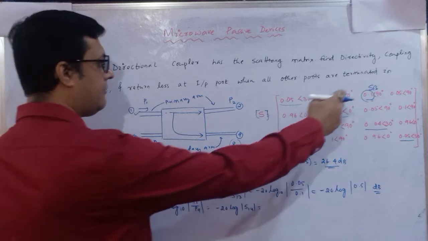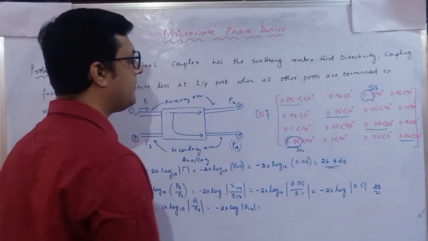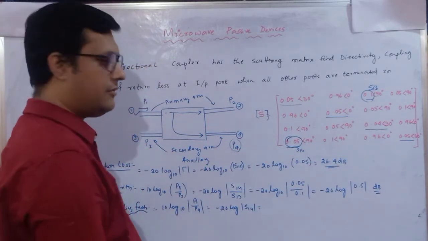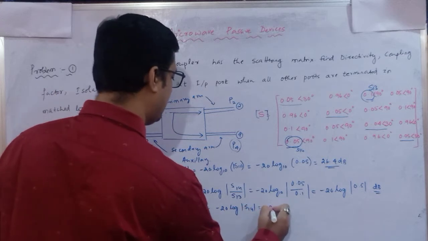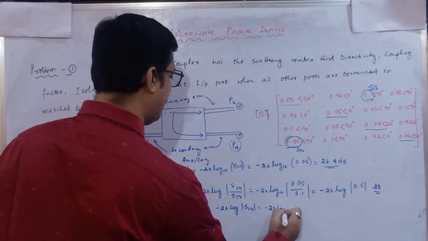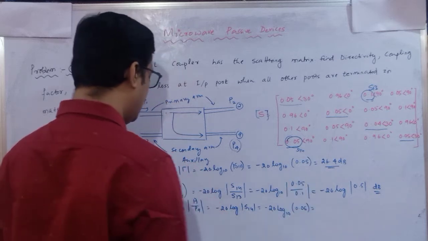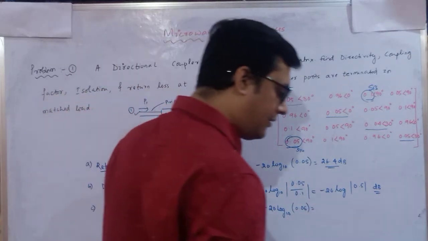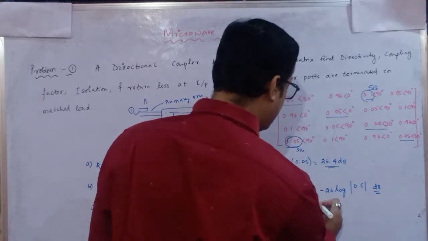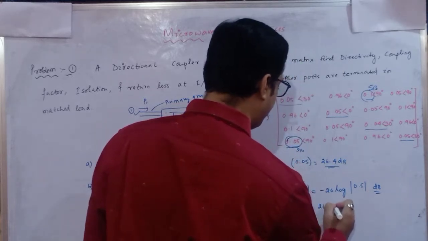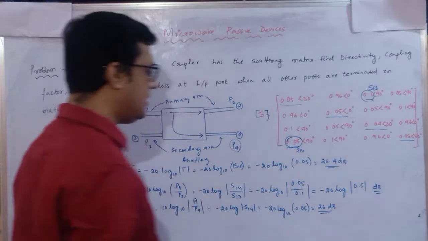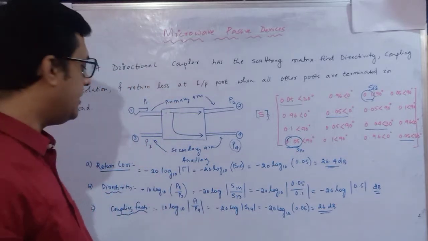What is S14? S14 is 0.05. So here I will substitute minus 10 log base 10 of 0.05. If you solve this, your coupling factor you will get around 26 dB.